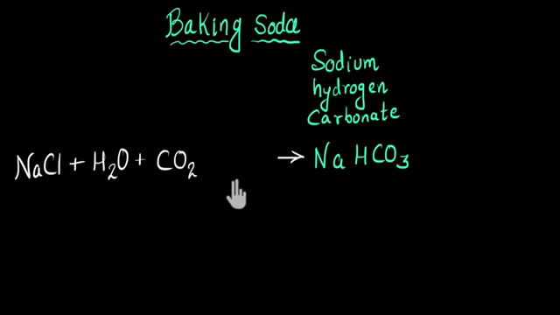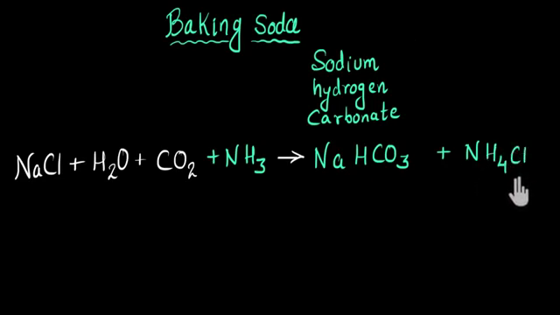But you know what? There is one more ingredient, one more compound that goes into this mixture. And that is our ammonia, NH3. Okay? So sodium chloride, water, carbon dioxide, and ammonia, they all react and NaHCO3 is formed. And with this, we get one more product, NH4Cl, ammonium chloride.